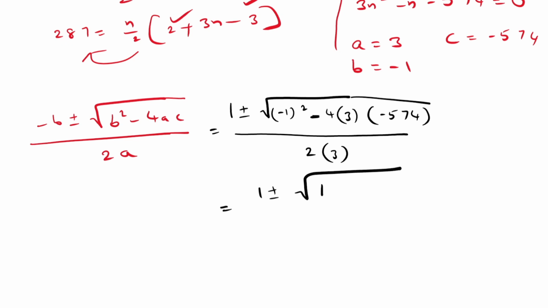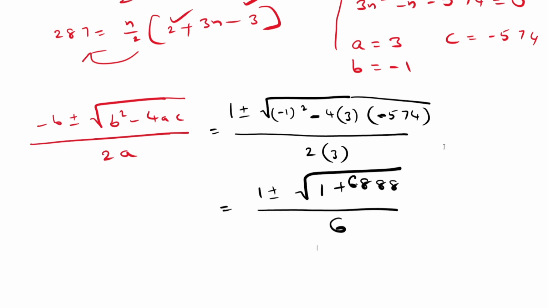Here one minus symbol is there, here one more minus symbol is there, so minus into minus is plus, 4 into 3 is 12, 12 into 574 is 6888, divided by 2 times 3, which is 6.